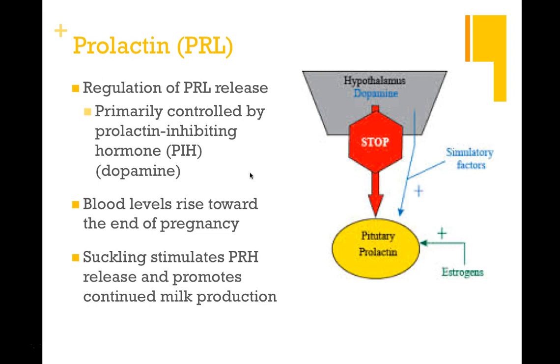When an infant suckles at the breast, it stimulates this prolactin releasing hormone to be released. And that will promote even more milk production. So if a woman is concerned that she has low milk supply, then she should have her infant at her breast more often so that the suckling will stimulate more prolactin secretion.